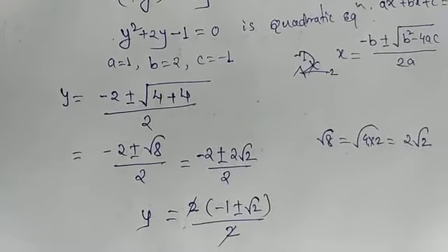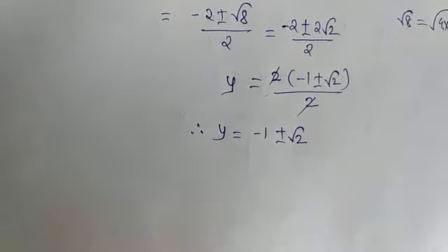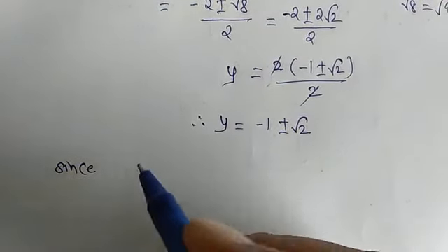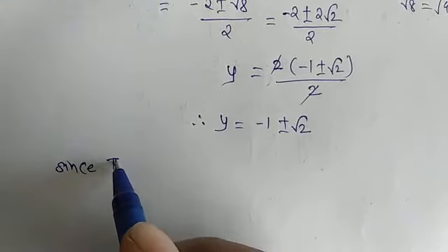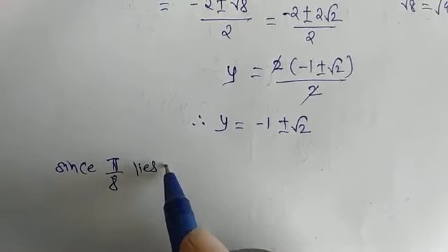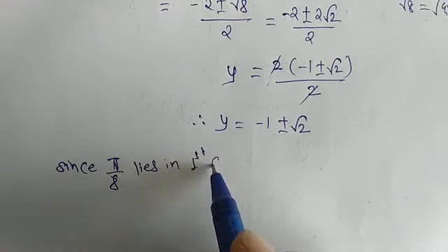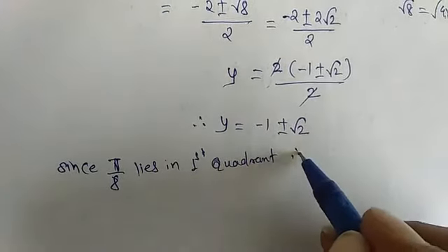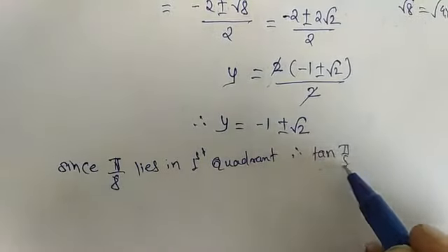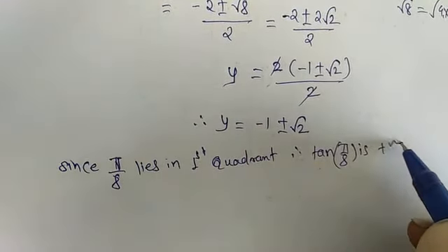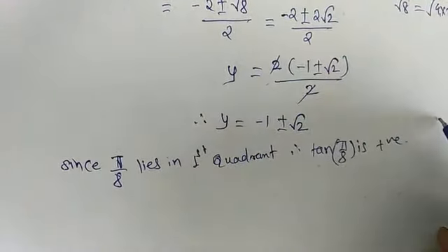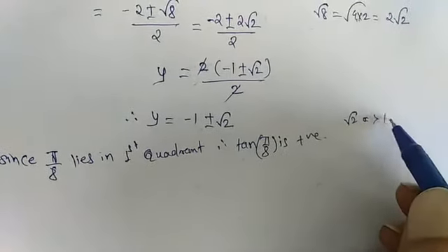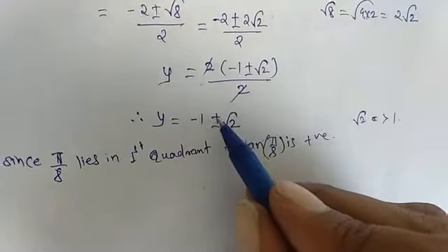Therefore, since pi by 8 lies in the first quadrant, tan of pi by 8 is positive. The value of root 2 is greater than 1, so we have to take the positive one only.